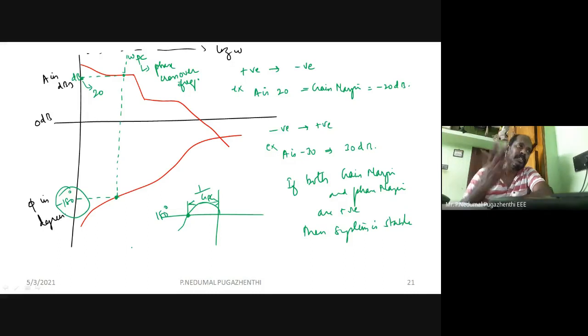You cannot extend that point to your magnitude plot. So it will not reach that 180 degree. Obviously every time it is going to be inside your stable limit, and it is going to be positive always. So it is going to be infinite.